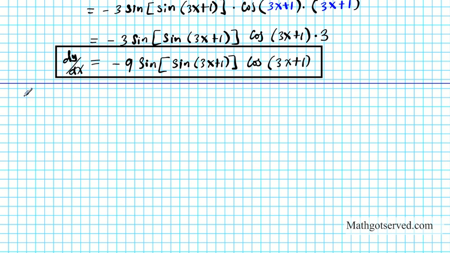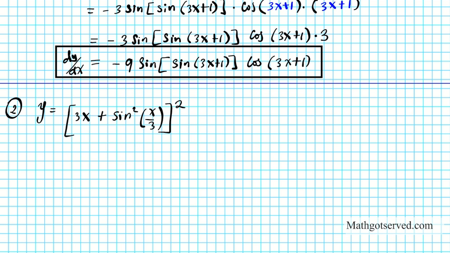So for number 2, what if we had the function y equals the quantity 3x plus sine square x over 3 raised to the second power. Okay, what if we had this?